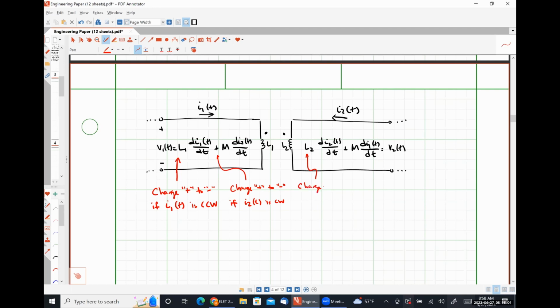On this side, we change the plus to minus if I2 is counterclockwise, and we change this plus to minus if I1, sorry, this one should be clockwise, this one should be counterclockwise.